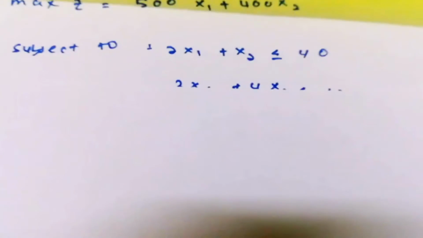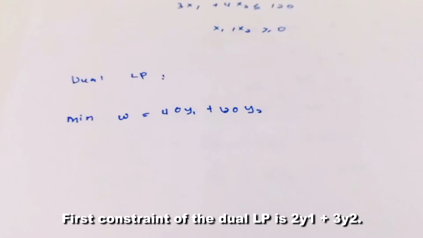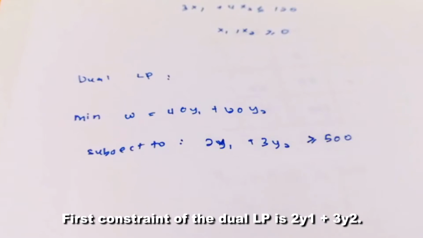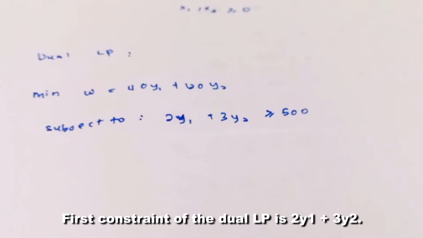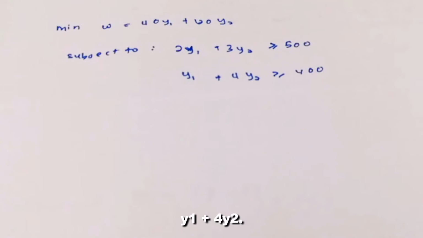So first variable is 2x1, 3x1. So first constraint of the dual LP is 2y1 plus 3y2. Okay, same as the second constraint, we get it from the second variable of the primal LP, x2. So we write like this, y1 plus 4y2.